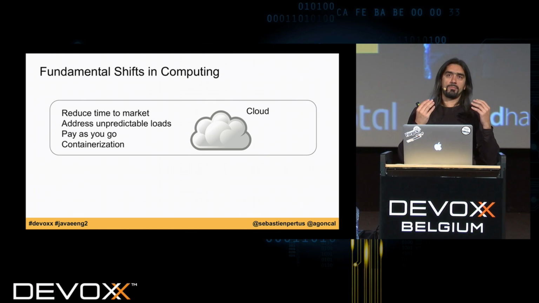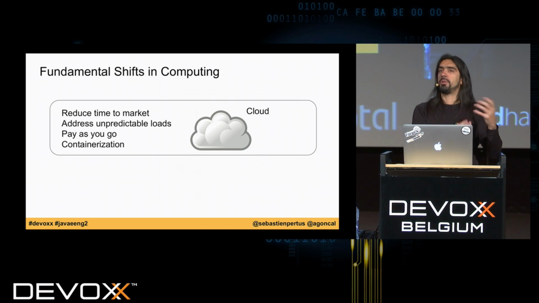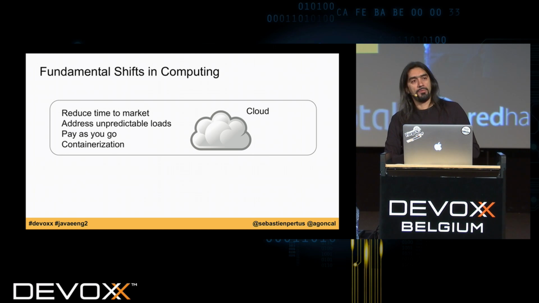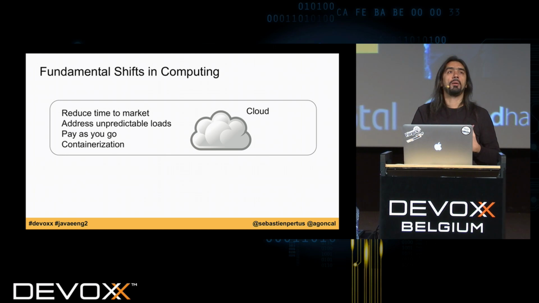Now we are going to the cloud where resources are expensive, and we don't want to run an Amazon box with an application server for nothing. We want to shut it down, bring it up. Unfortunately, starting up a JVM is expensive. Starting up an application server on top of this JVM is even more expensive.